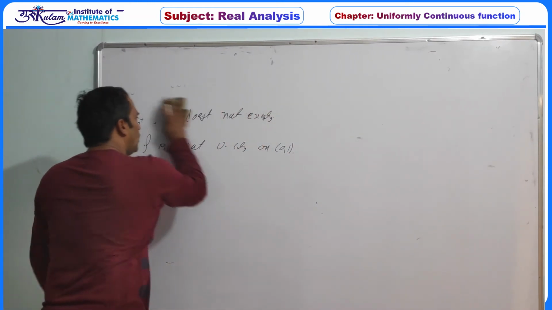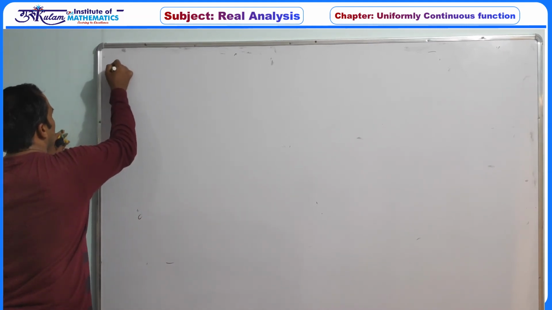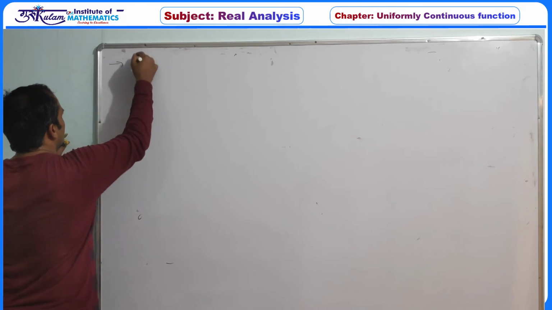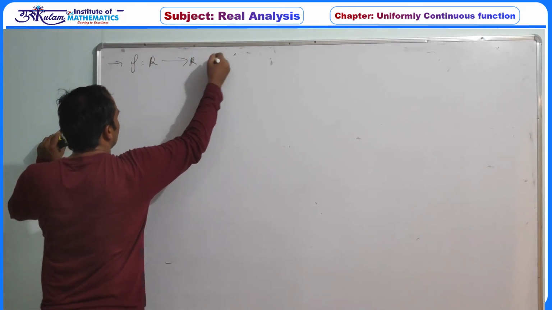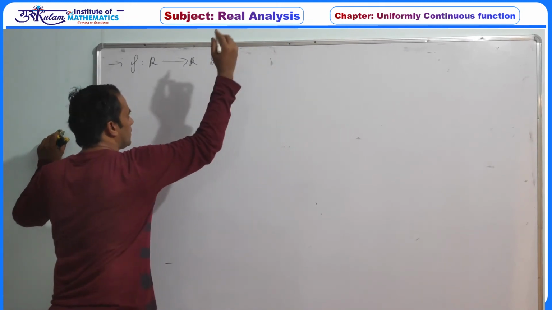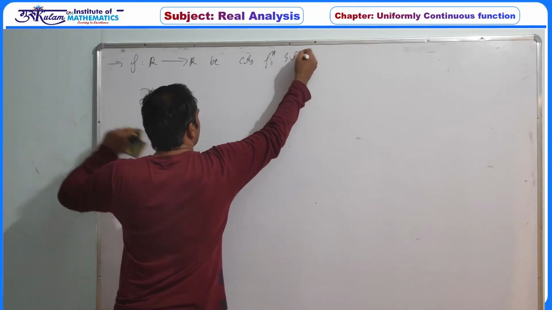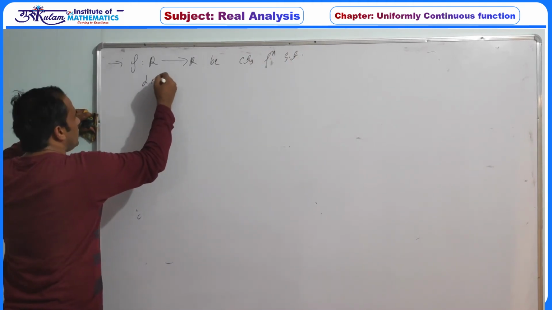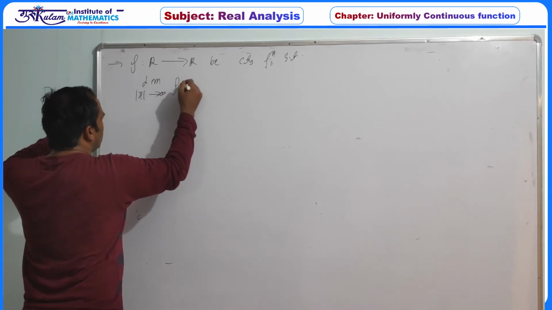And similarly, we can also prove that if f is a function defined from the real line to the real line, be a continuous function such that the limit as mod of x tends to infinity of f of x exists.